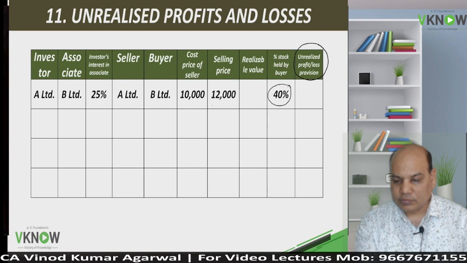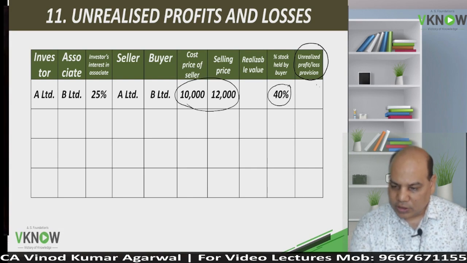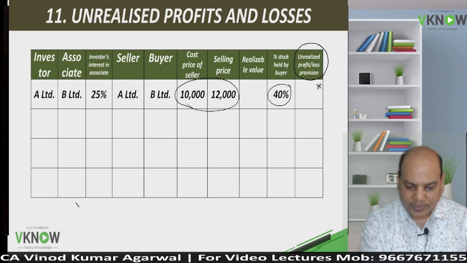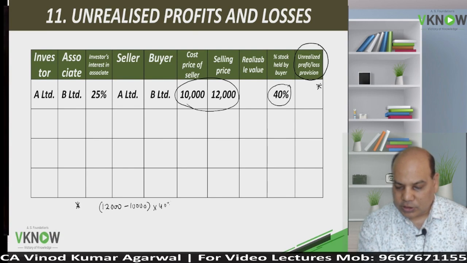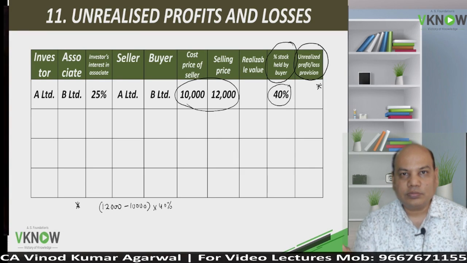So understand, the answer here will be 12,000 minus 10,000, 2,000 is the profit, but 40% stock is unsold. What is sold, profit will be recognized.